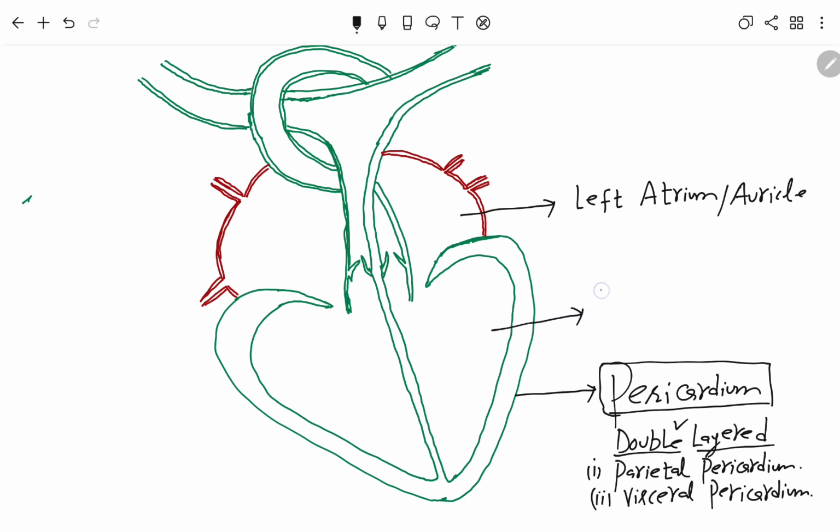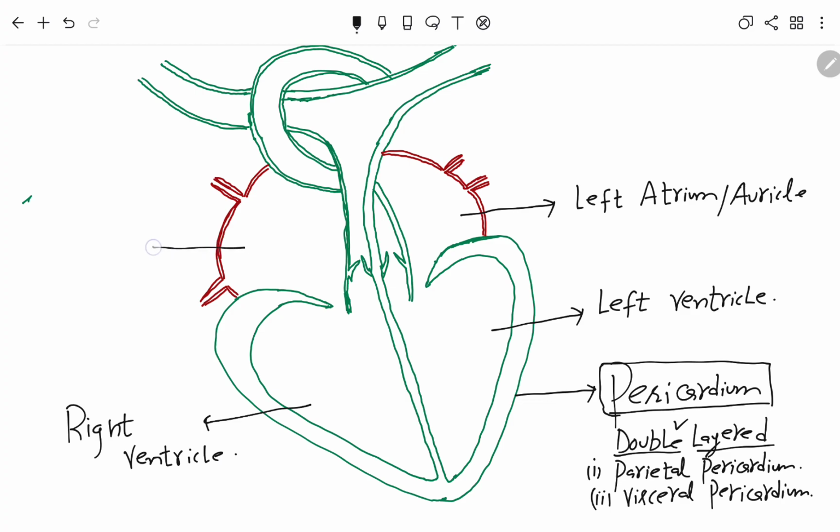So this is our left ventricle. Similarly, from this side, this is our right ventricle. And this one is our right atrium, or we can say auricle.